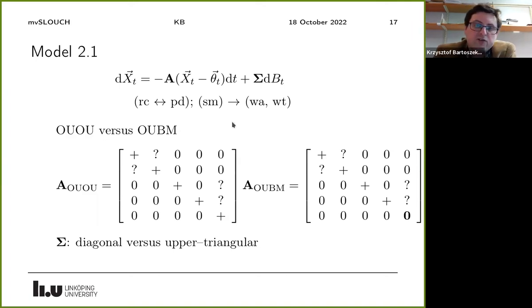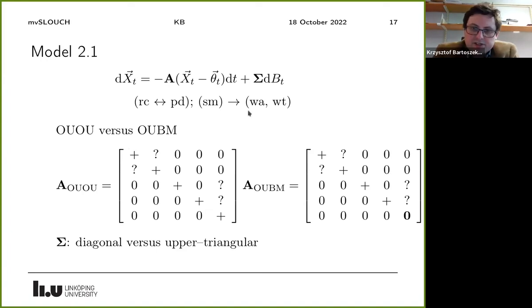We can formulate a lot of hypotheses this way, just setting 0 or non-zero values. Non-zero means we want the program to estimate these values, while a plus means we want to force these values to be positive, and a minus means we're forcing the value to be negative.